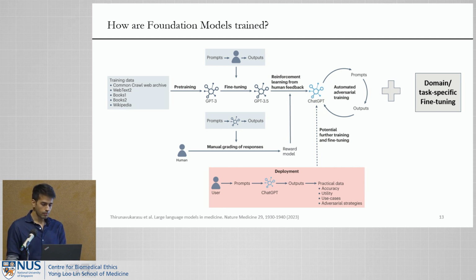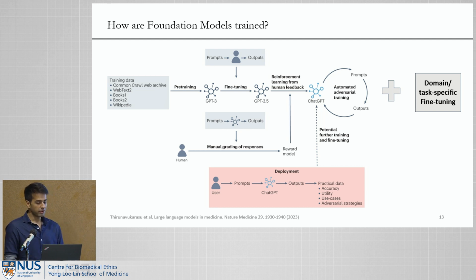There are a few steps. There's pre-training, which is when you make it understand language much more generally. That's where the trillions of tokens that it is trained on comes in. There is then fine-tuning, which is when you actually teach it to answer questions and not just to complete sentences, because how it's trained is it's trained to complete sentences.